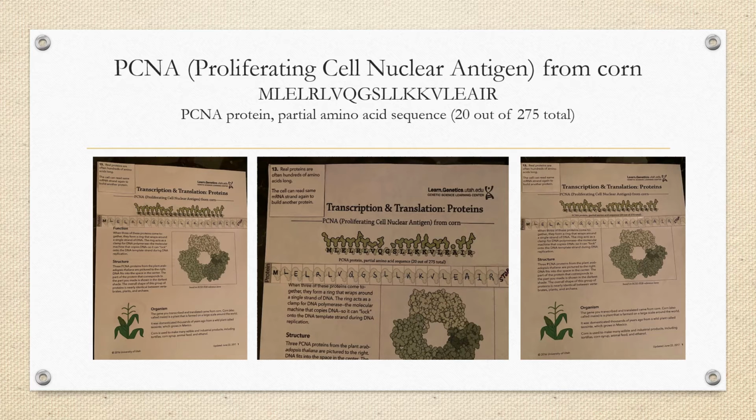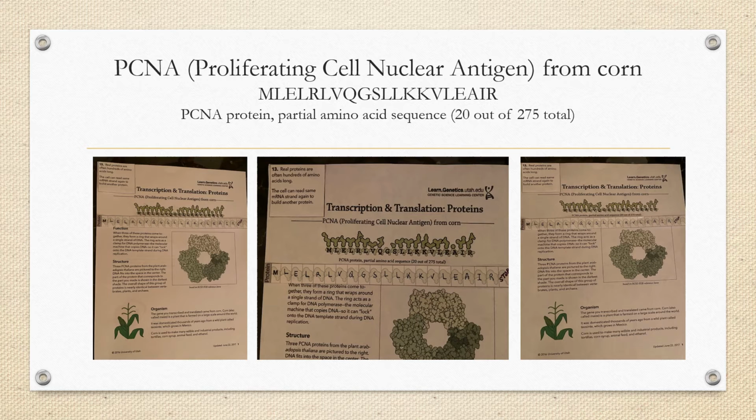Here is some information about PCNA, or proliferating cell nuclear antigen, from corn. So they are M L E L R L V G S L L K K V L E A I R. These are the PCNA protein's partial amino acid sequence, 20 out of 275 in total.